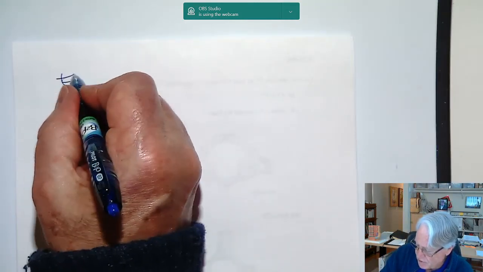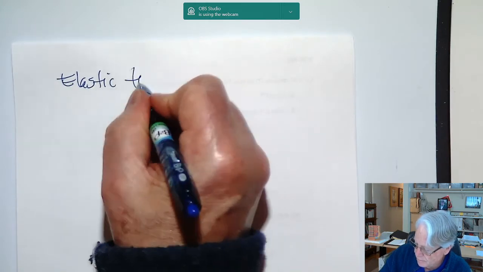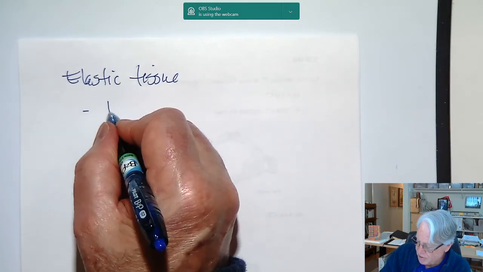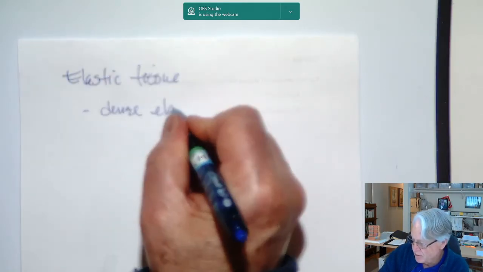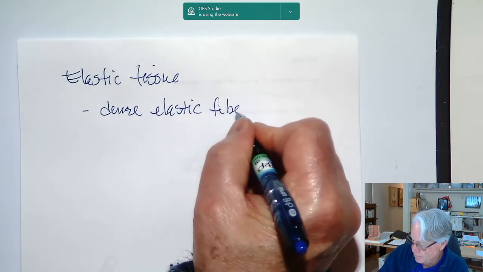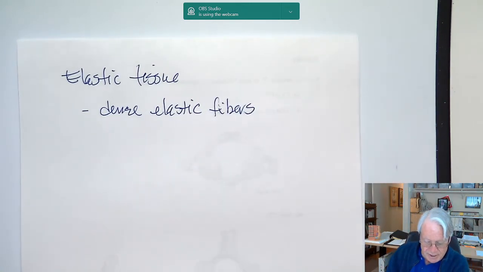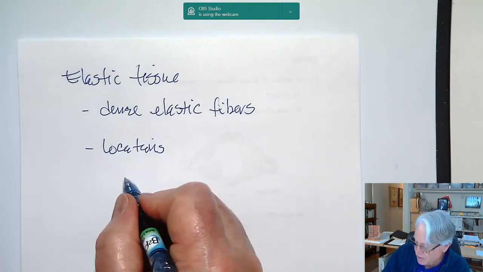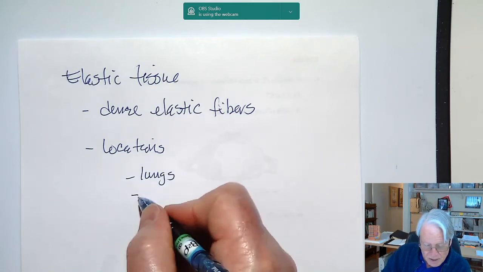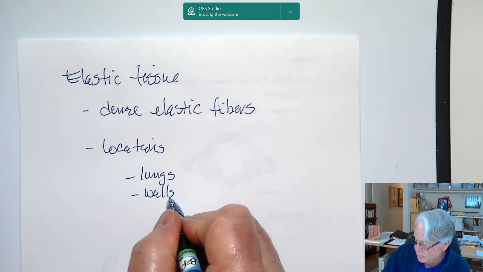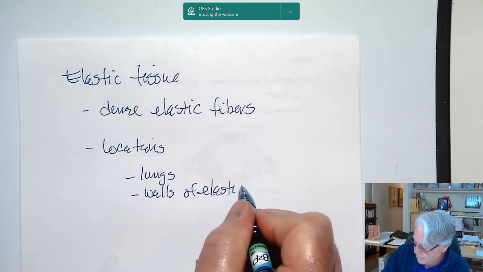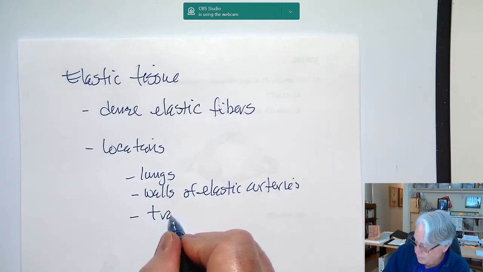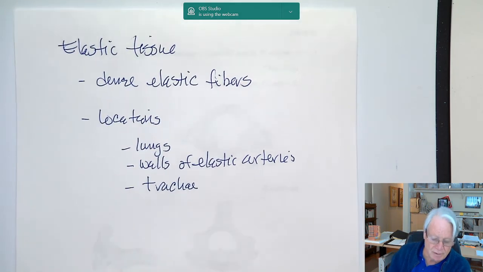Then we have elastic tissue. And here we have dense elastic tissues, or elastic fibers, I should say. Some of the locations where we find this type of tissue are in the lungs, in the walls of elastic arteries, the trachea, which is your windpipe, okay?